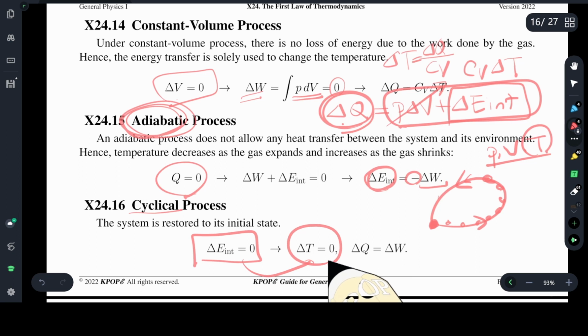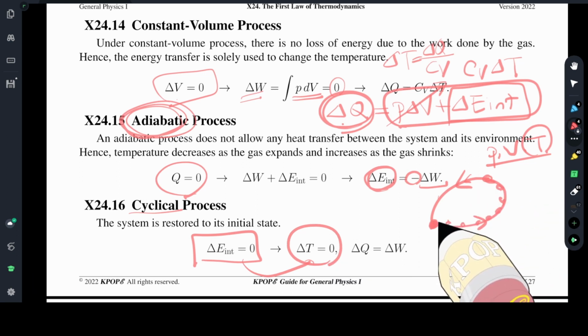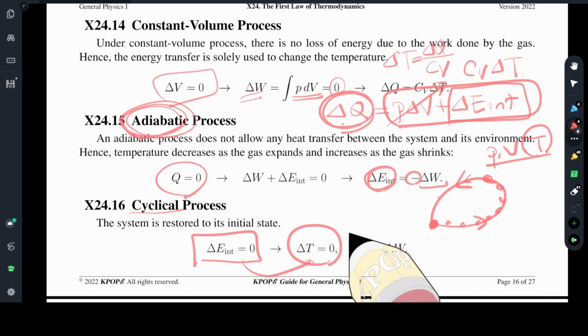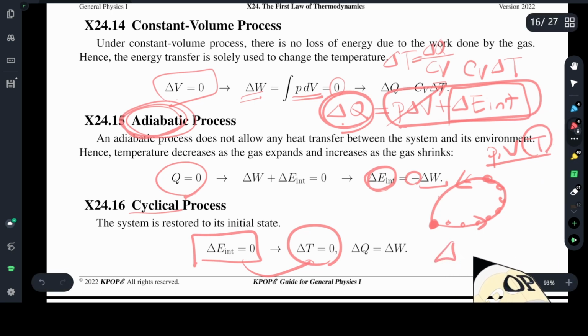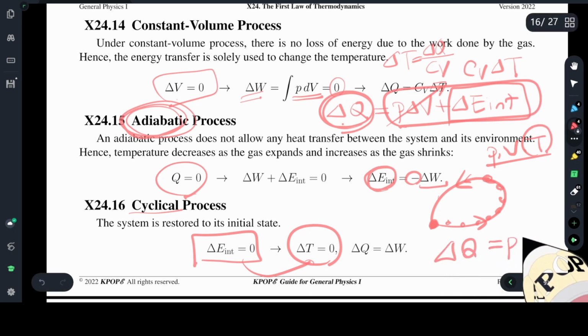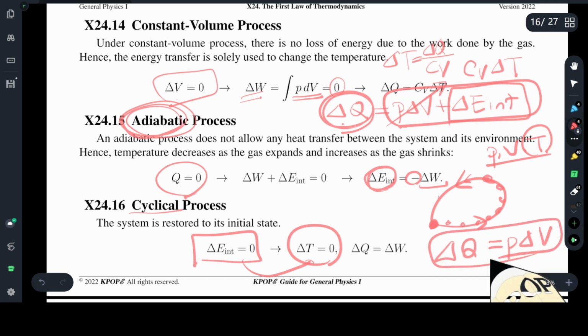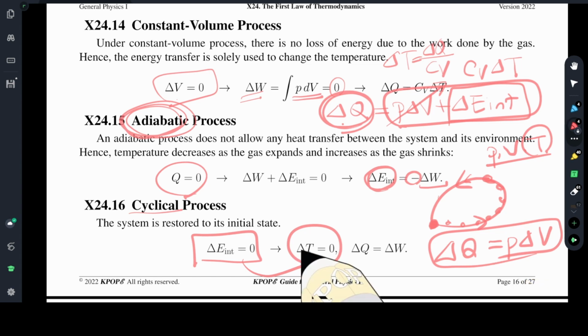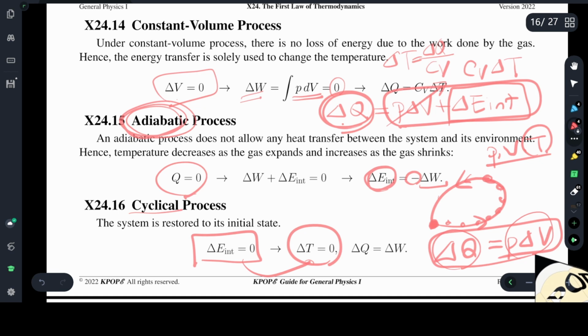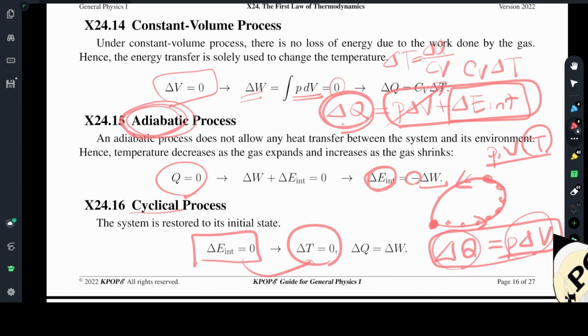After a single turn of the cycle, there is no change in temperature. That means no internal energy change. That means the heat transfer is completely transferred to the work done by the gas. There is nothing left over and no loss. So the gas system just converts the heat into work.